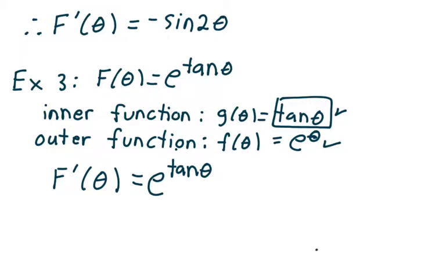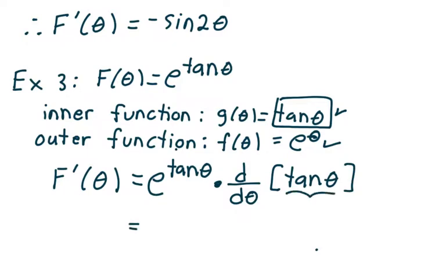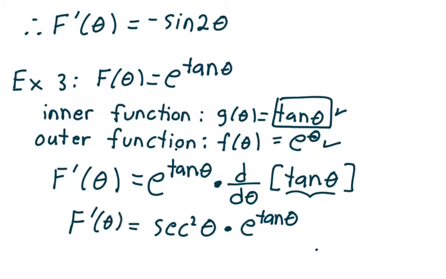And we're going to multiply by the derivative of tangent theta. And remember that the derivative of tangent theta is secant squared theta. So I'm going to write secant squared theta times e to the tangent theta. And so that right here is F prime of theta.